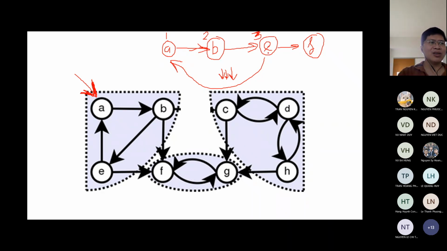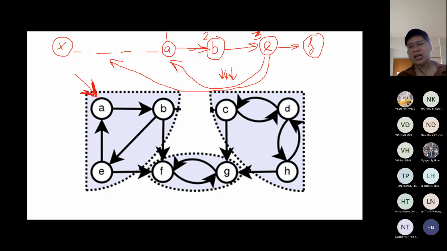And if I have a path from E going back to A, or anyone, let's say we have a very long path here with many nodes in the middle, starting from some node X, in any case, if E goes back to any node in that path, then we have a loop for sure.